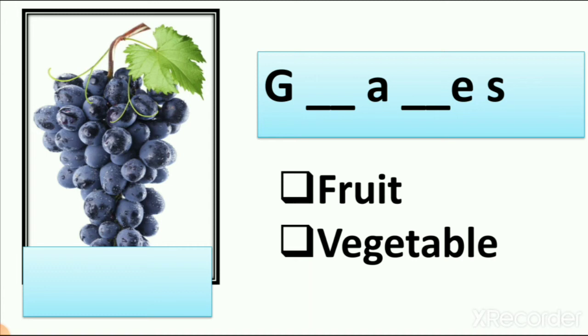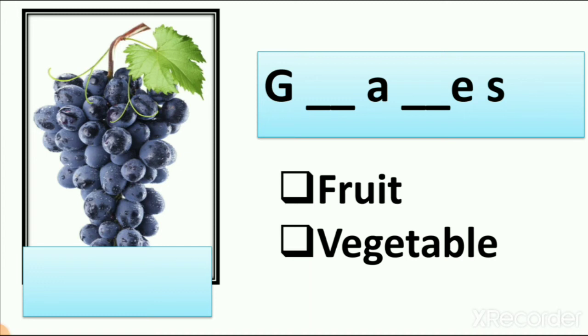Yes, it's very yummy. I know that you all know about this. We also learned one story about this, The Fox and the Grapes. So here is the food, grapes.